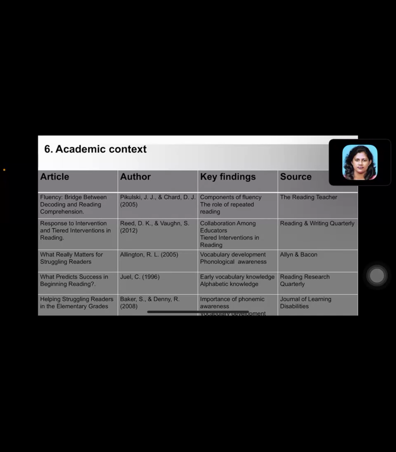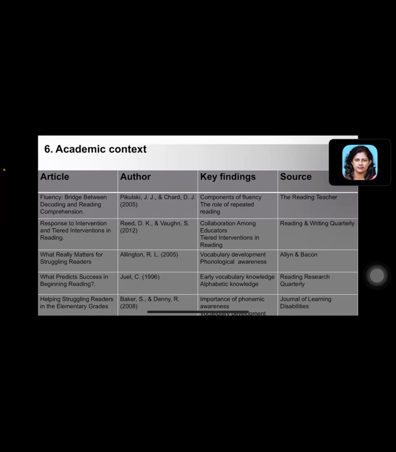So that was the finding from that. And the next one, response to intervention and tiered intervention in reading, collaboration among educators, tiered intervention in reading.